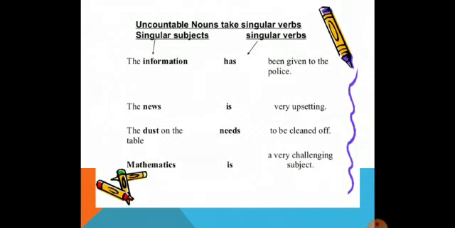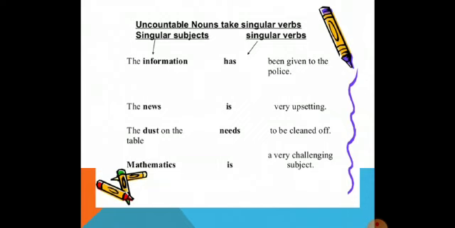When I say the news is very upsetting, is very interesting, I will not say one new and two news. Actually, no. News is news, and it should be singular.